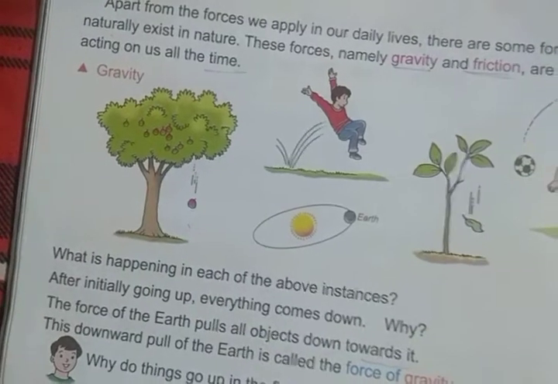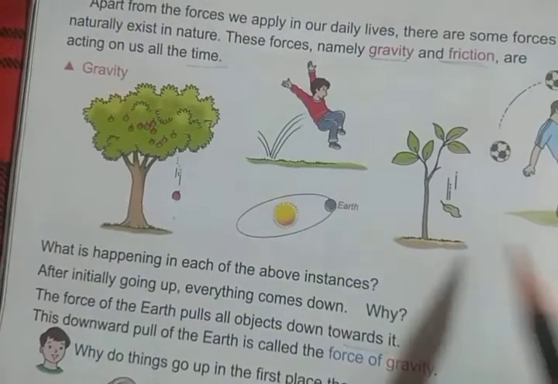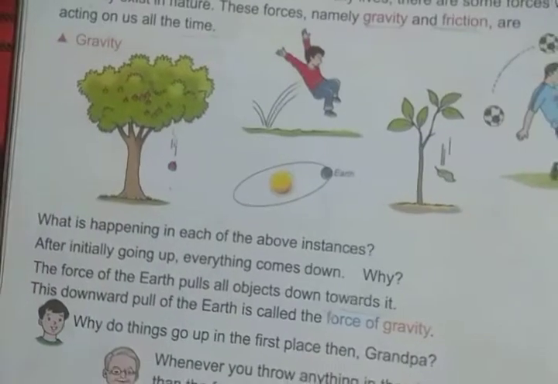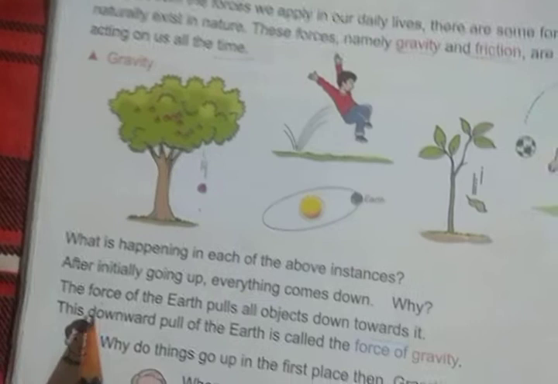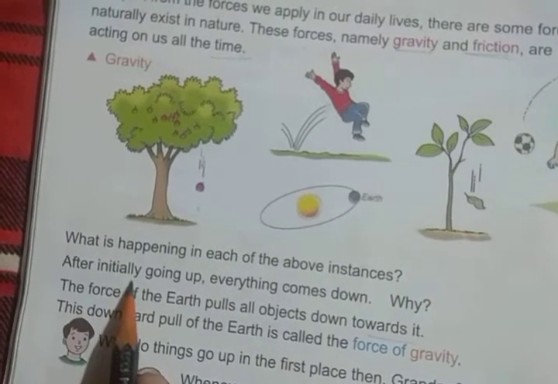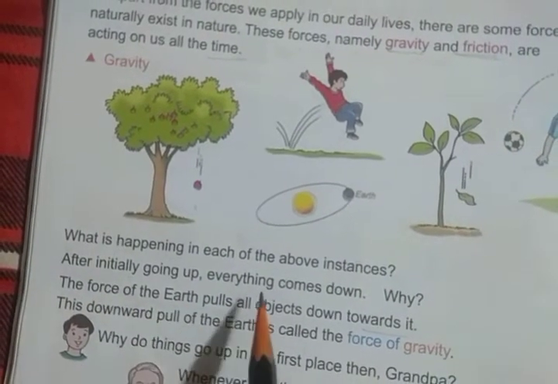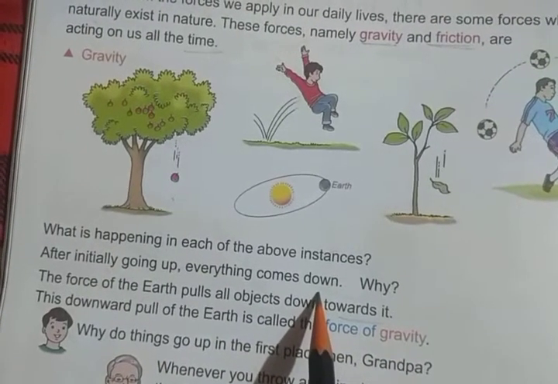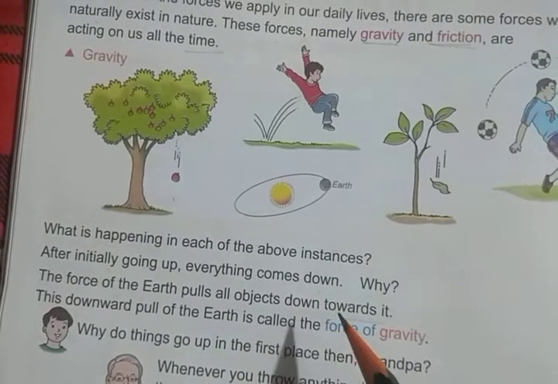The apple is falling down from the tree. Leaves here. After initially going up, everything comes down. Why?